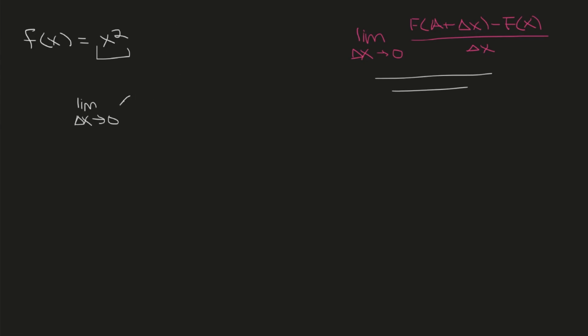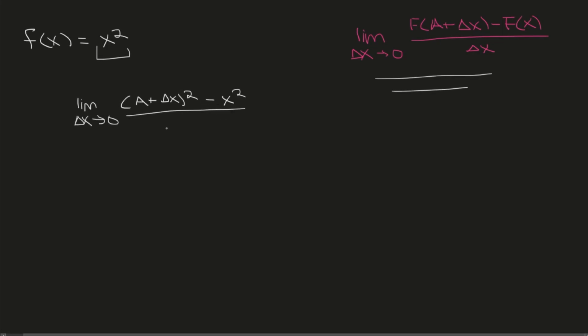So that would be the quantity a plus delta x squared minus f of x, which is again x squared, all over delta x.